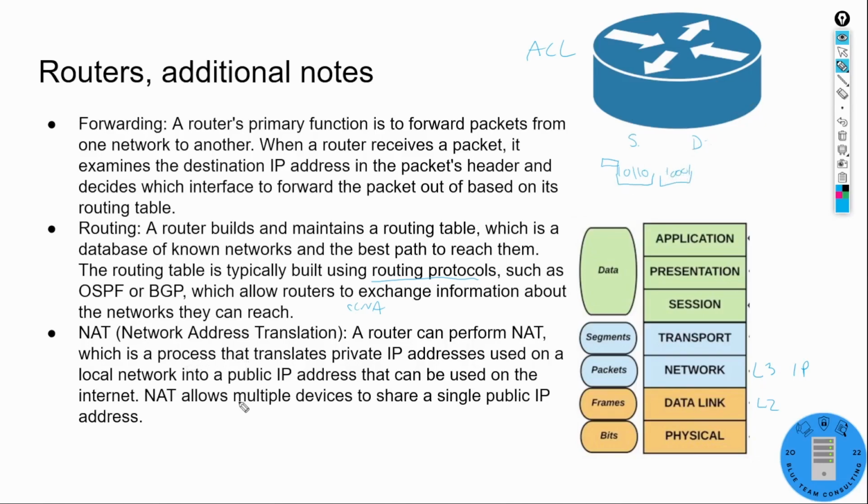NAT is something you should be familiar with as a term. We're going to cover this in section 4, but it's network address translation. When a router does NAT, it's basically taking a private IP address and turning it into a public routable IP.